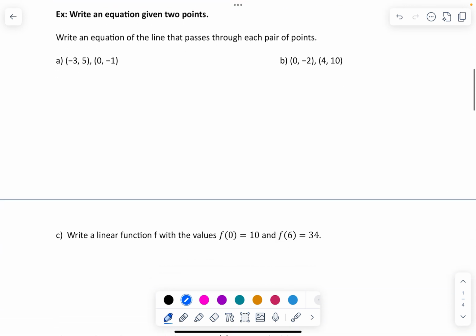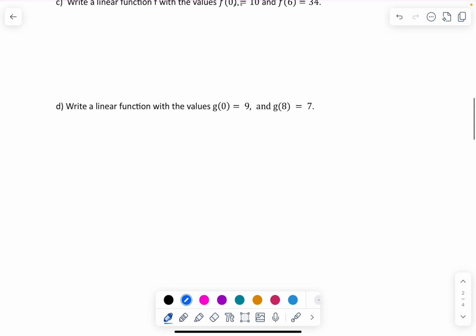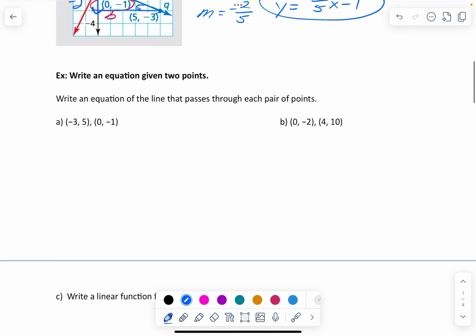But finally, we're going to have a pair of points. Now notice this is the y-intercept. X is 0, so we do know that b is negative 1. But we have to figure out the slope.